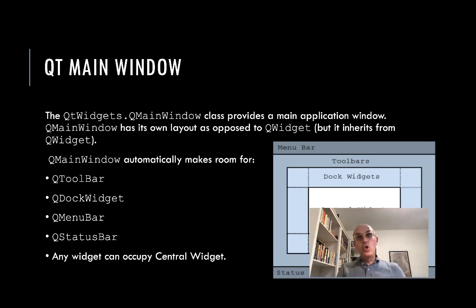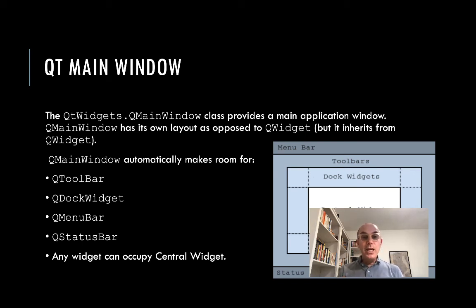Now back to our main topic and the GUI interface. One of the things that Qt widgets and the QMainWindow provide us is the ability to have a main application window.